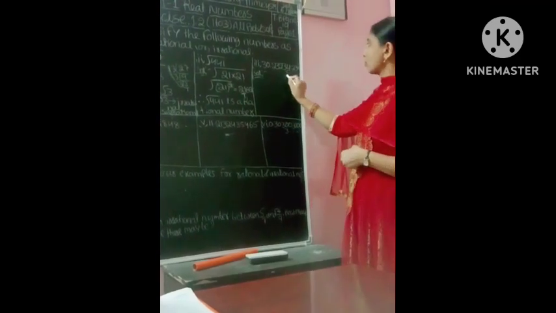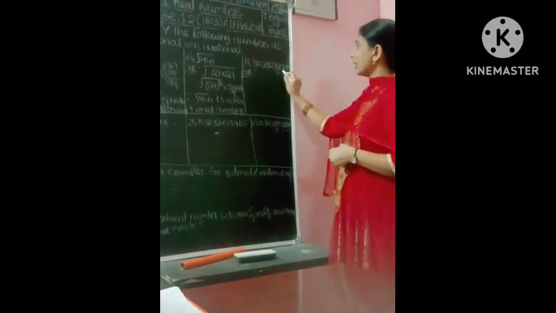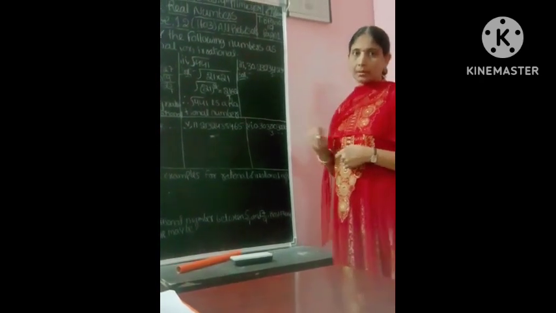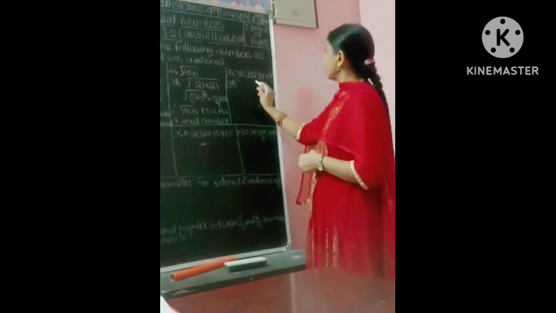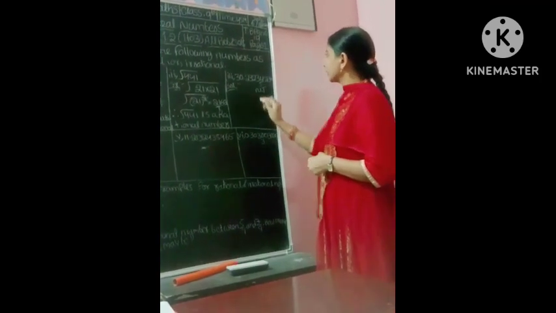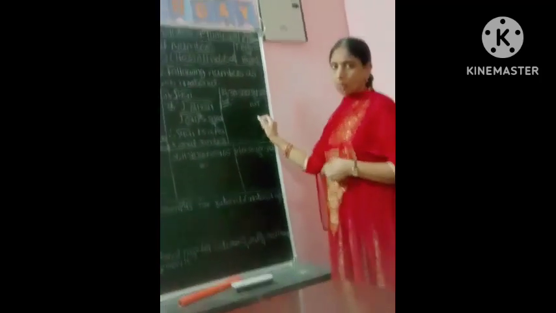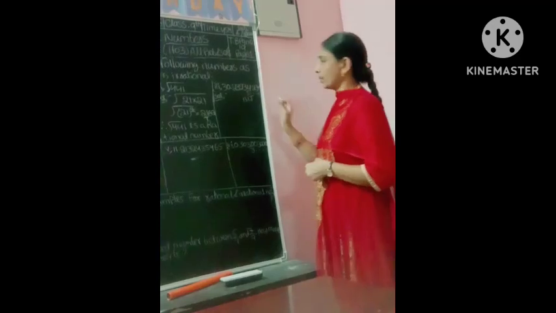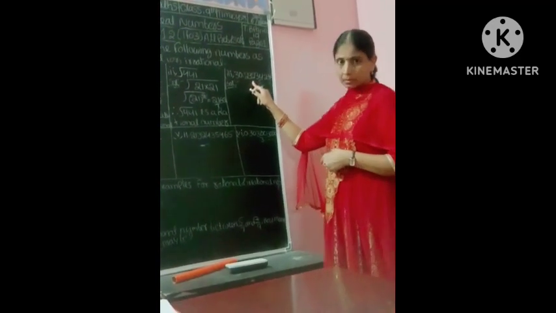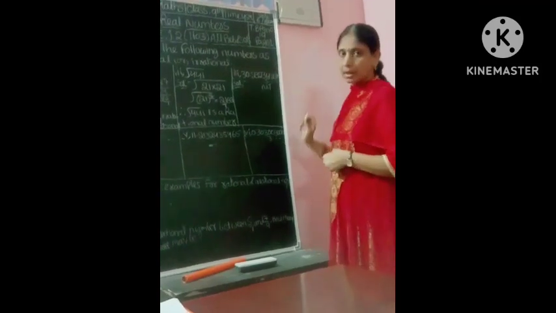Non-terminating decimal, because it is continuous, with dots. The division continues, so it is non-terminating. Is it a repeating number? No, all are mixed numbers.